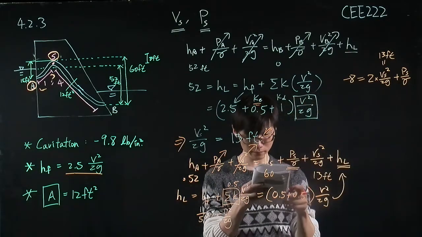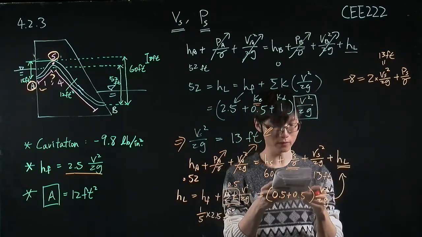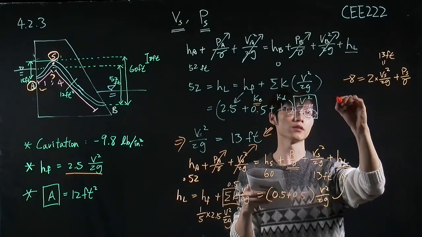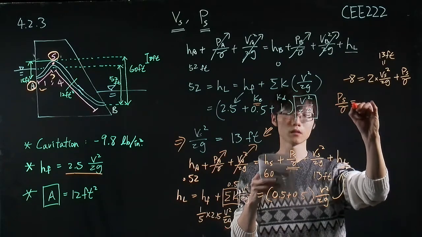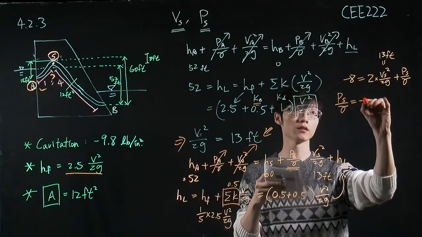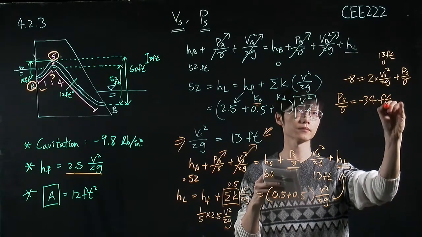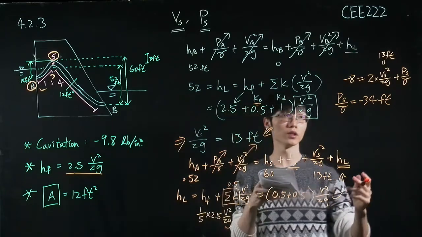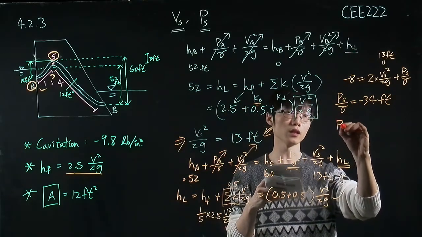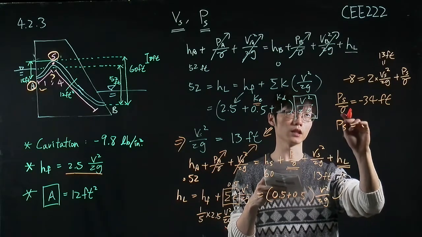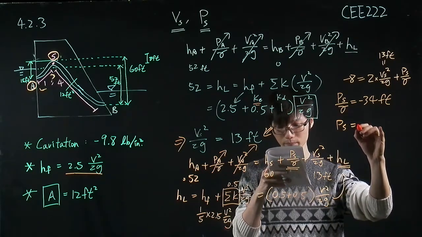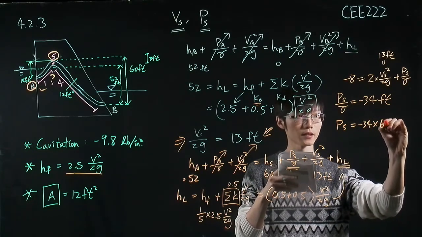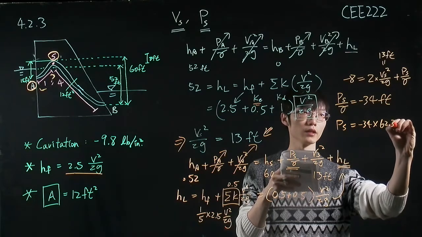Okay, now you have this final equation, then you just plug the number in, and you can easily solve for this unknown, which is equal to minus 34 feet. Okay, and we simply do the unit conversion, then we know that P is equal to minus 34 times 62.3.